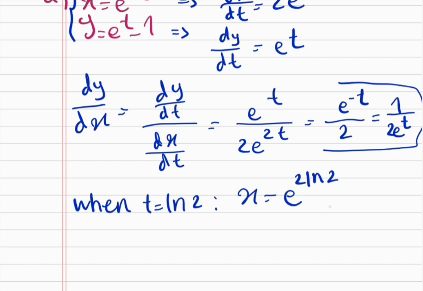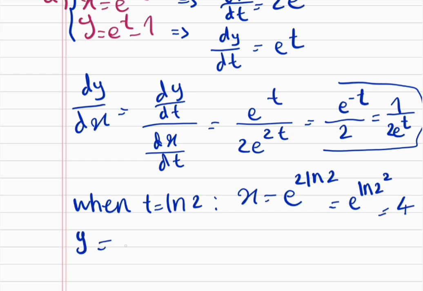This can be simplified because of the exponential properties: the coefficient is the power of the number inside, and e and ln cancel each other out, so we just get 4 for the x coordinate.